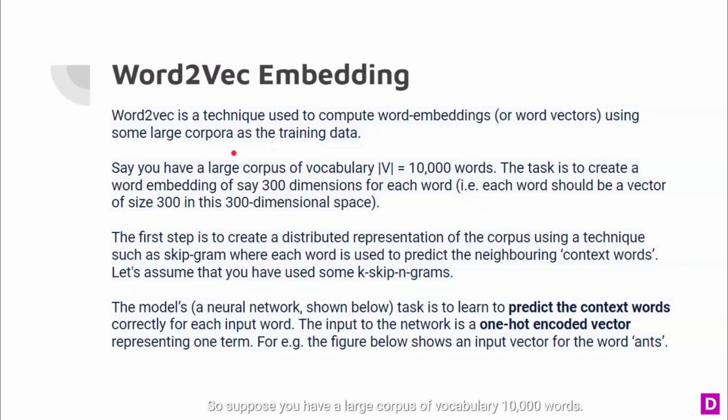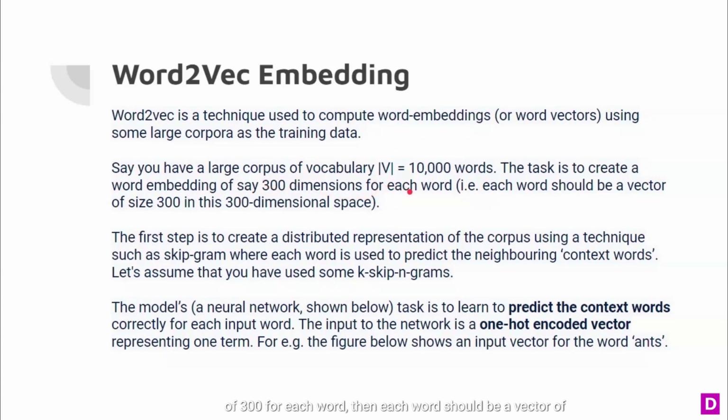Suppose you have a large corpus with a vocabulary of 10,000 words. We have many sentences, and I have broken those sentences into 10,000 words. Then the task is to create a word embedding, say of dimension 300 for each word.